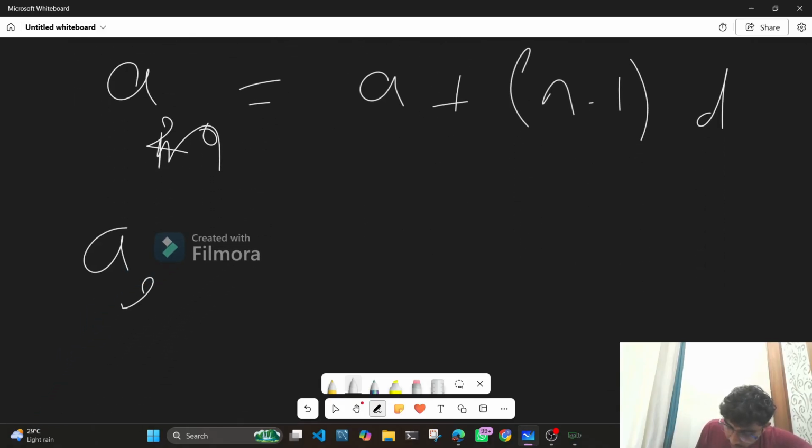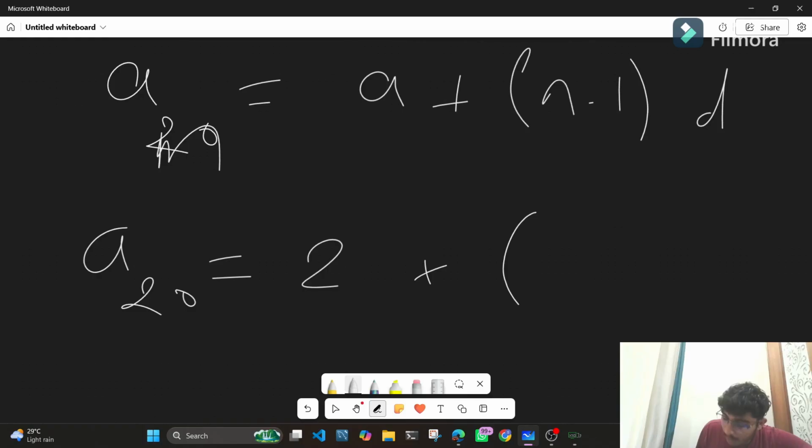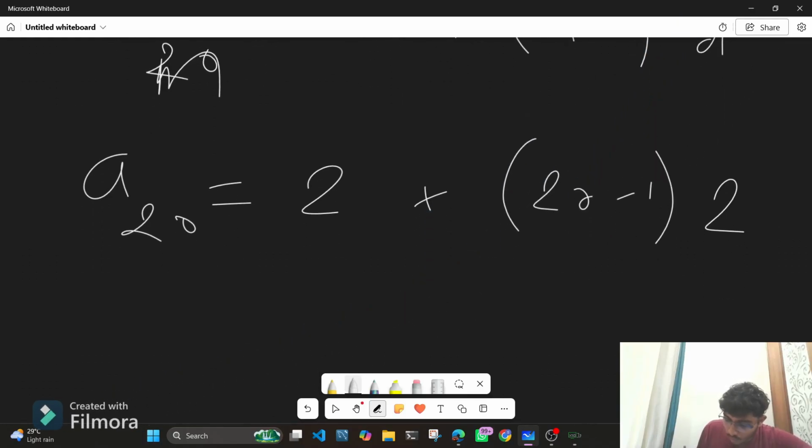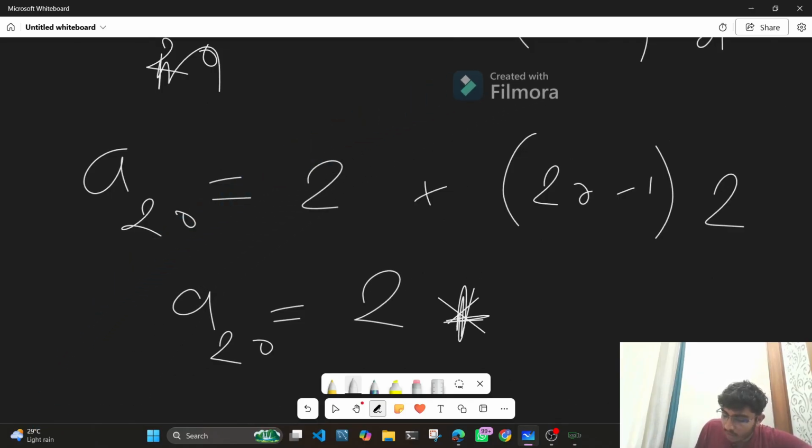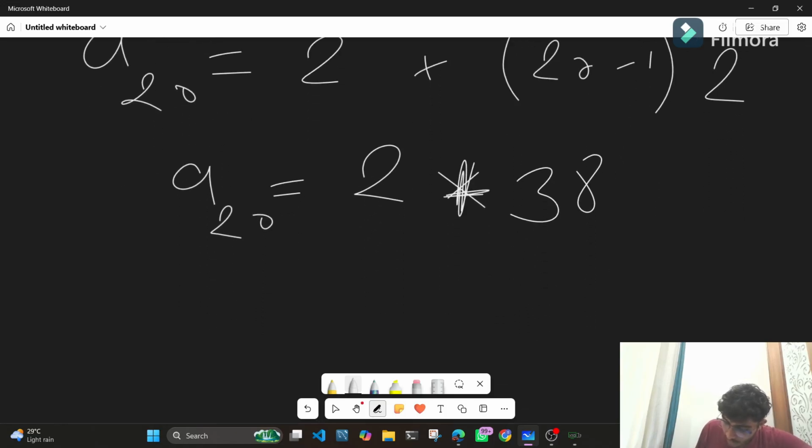So therefore, substituting all the values from the AP, a_20 is equal to a, which was 2, plus n minus 1, so 20 minus 1, times the common difference, which was 2. So a_20 is equal to 2 plus 19 into 2, which is 38. And therefore a_20 is equal to 40.